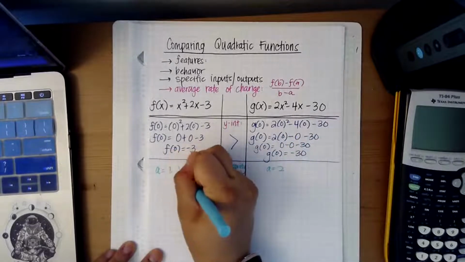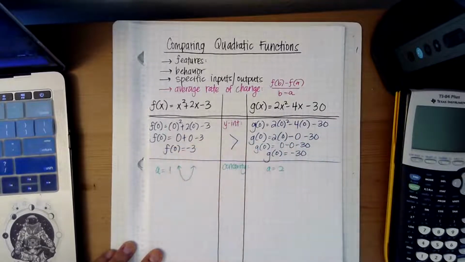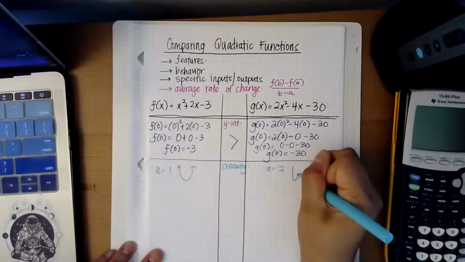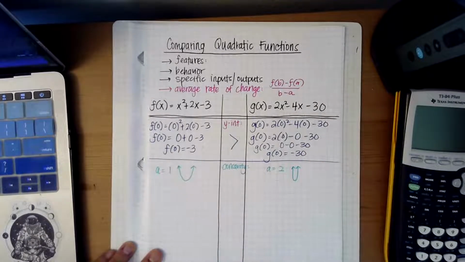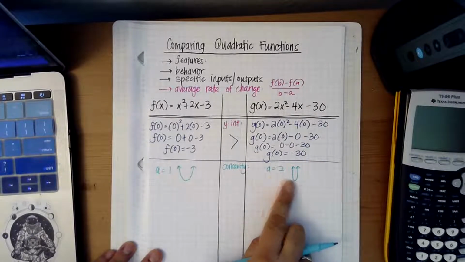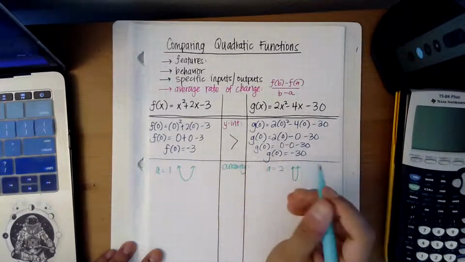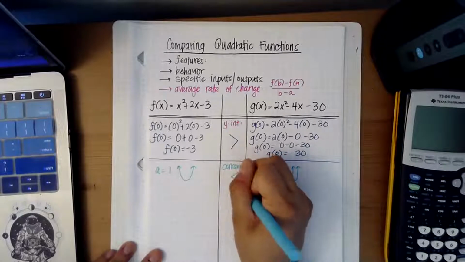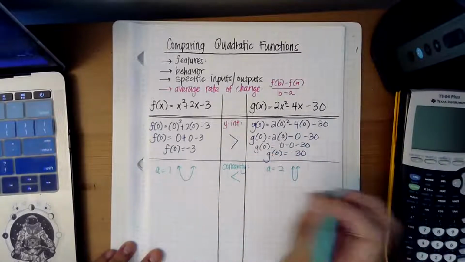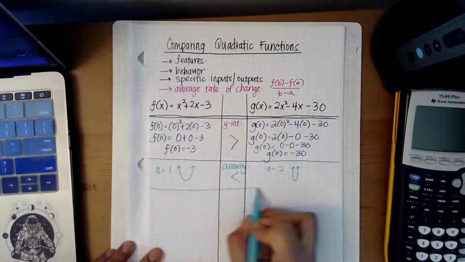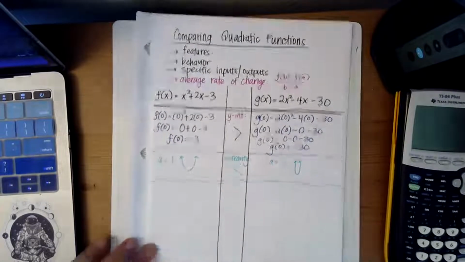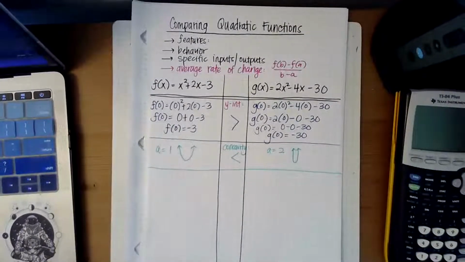So this is going to open up like this because it's still greater than 0. However, this one is going to be a bit compressed because my a is greater than 1, so it's going to have a faster rate of change. Here, they are both concave up, but this one's going to have a greater concavity than that one. Good little review of all the prior topics we've been doing.